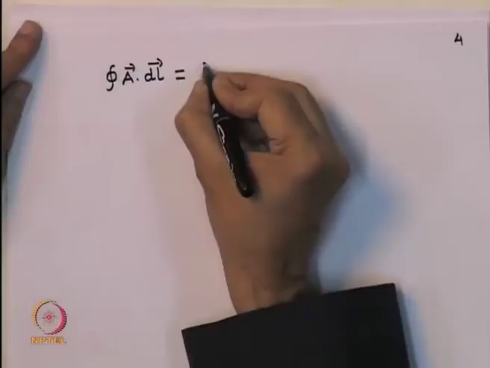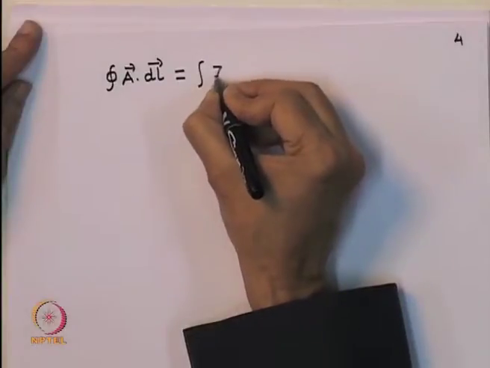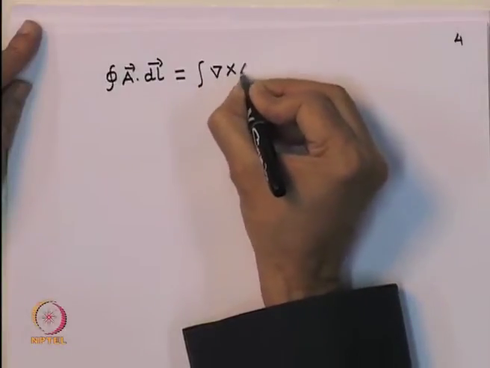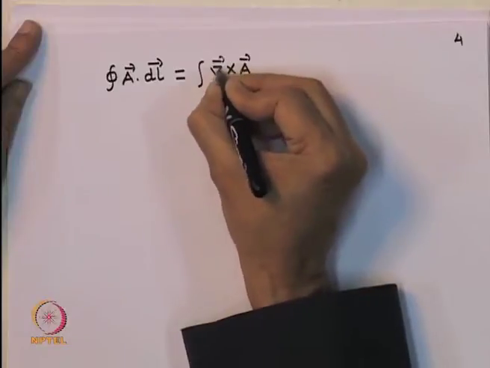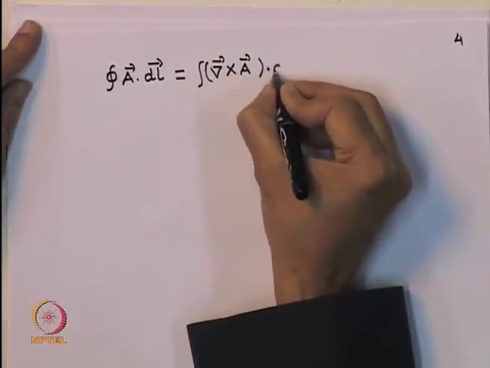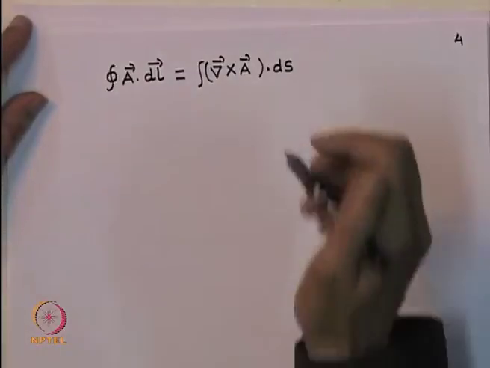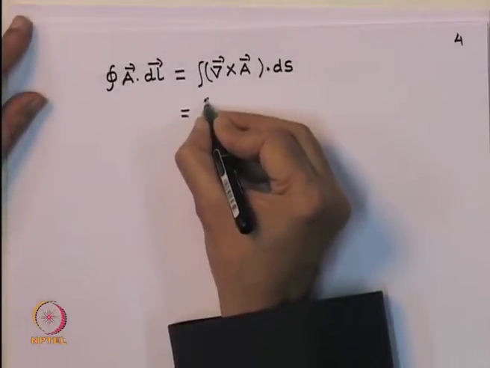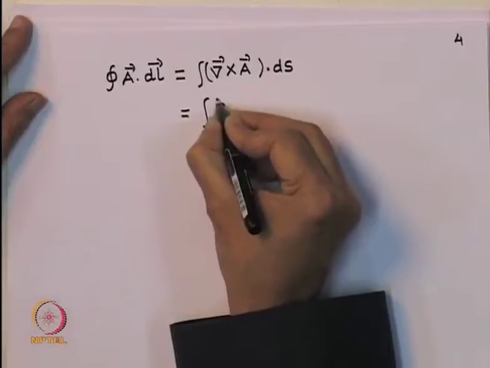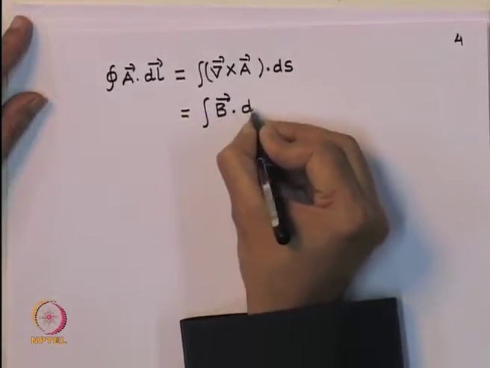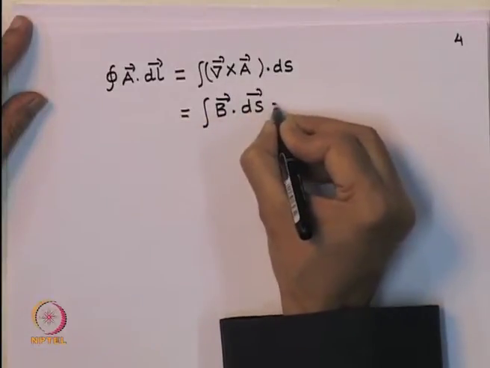Now, I can use the Stokes theorem to convert this into del cross A dot ds over a surface whose boundary is given by this curve, and del cross A we have said is B. So, this is nothing but B dot ds, which is nothing but the magnetic flux phi.